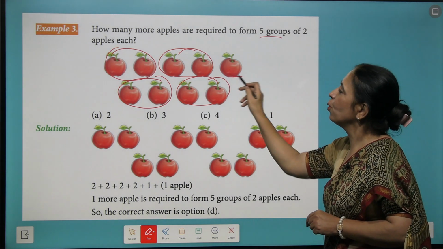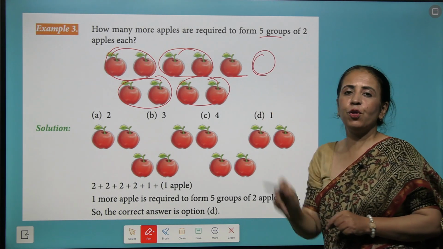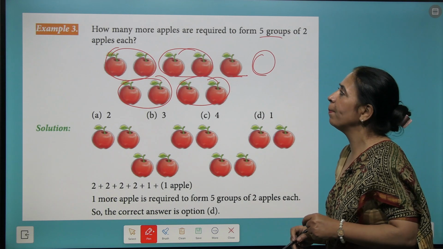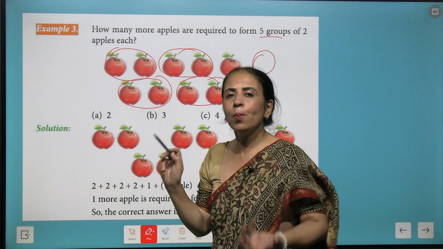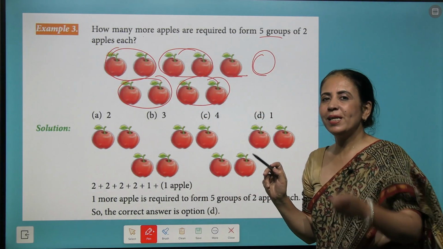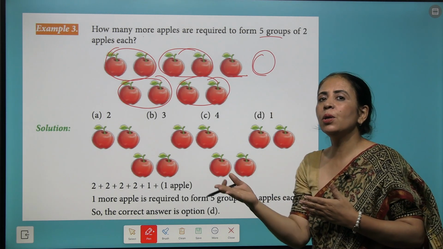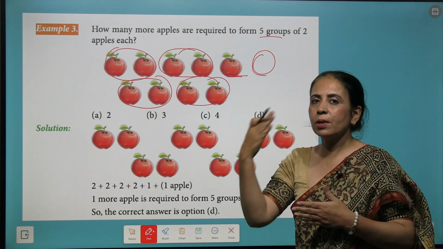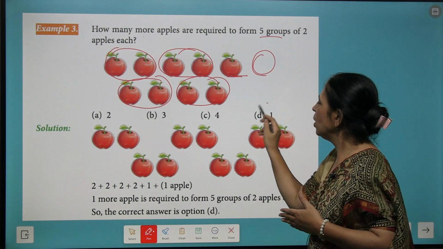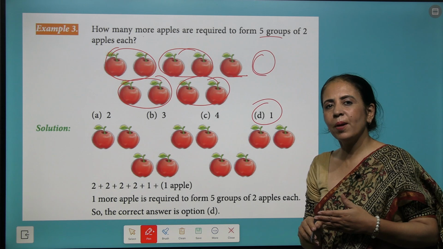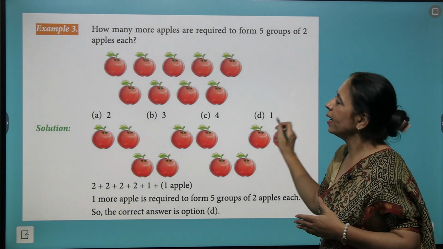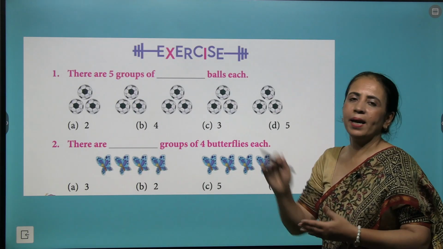So the fifth group could be completed if you just add one more apple to it. The question is, how many more apples? So we say one more apple. This is how you read the question and understand what is required, and accordingly you mark D as the right answer. Did you understand? Let's move ahead with the exercise.